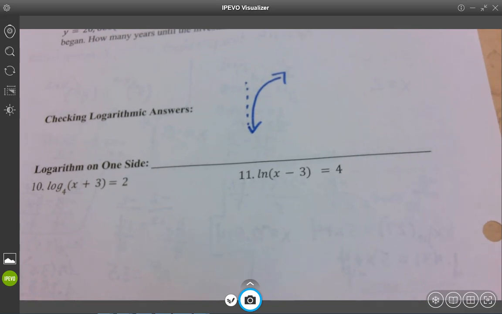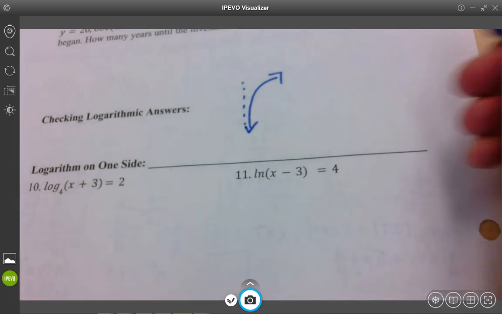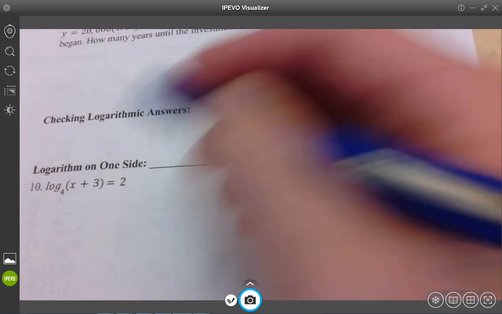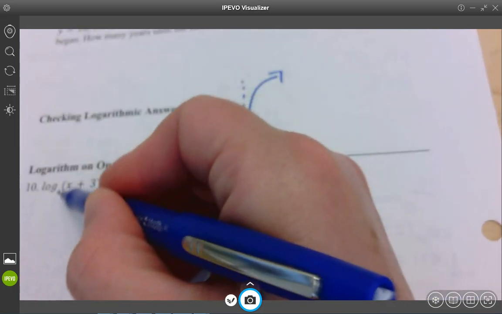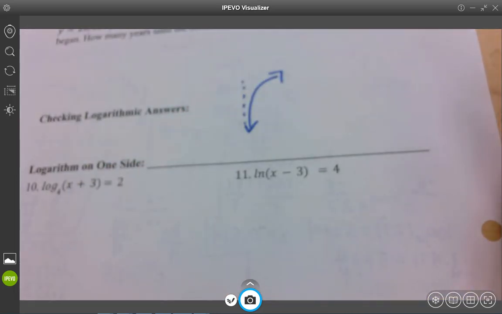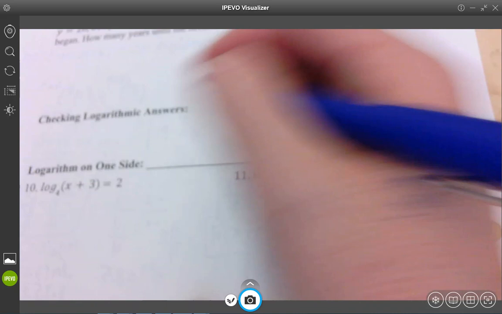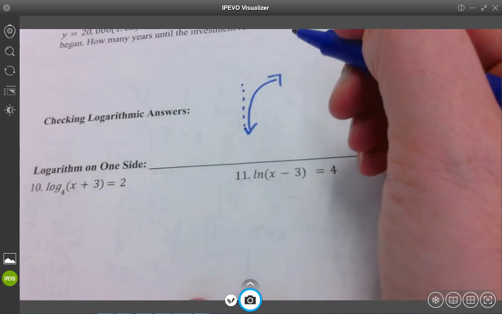So once we solve these equations, we're going to go back and check and make sure that the x values are allowed. So the input for the logarithm here cannot be 0 and it cannot be a negative number. You can't do the log of 0 and you can't do the log of a negative.